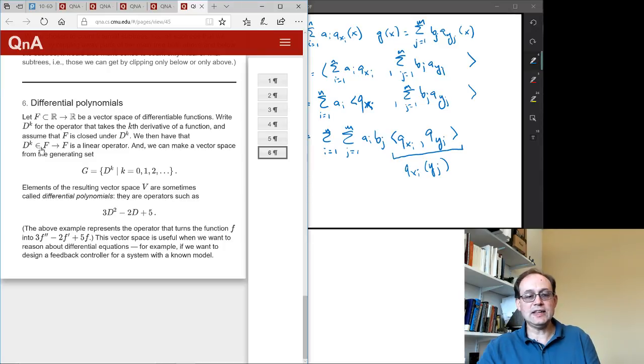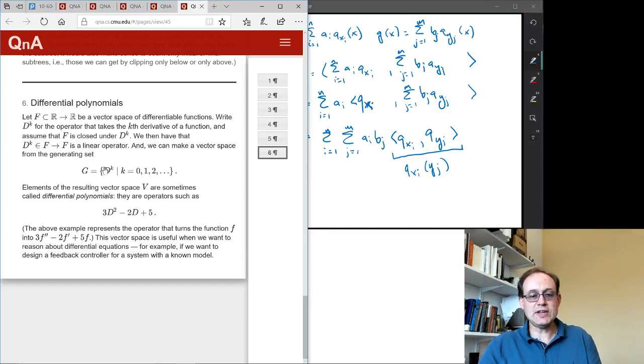Then d to the k maps a function in our original space to another function in that space by taking the kth derivative. It turns out that the derivative is a linear operator because, for example, the derivative of 3f is the same as 3 times the derivative of f.